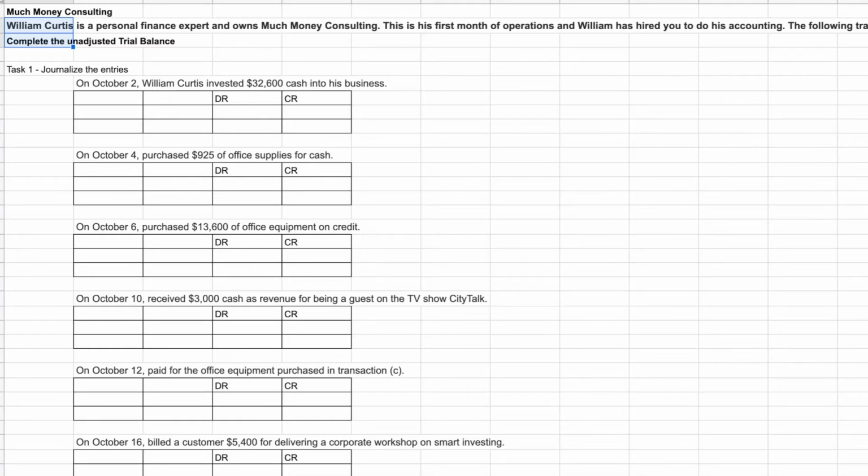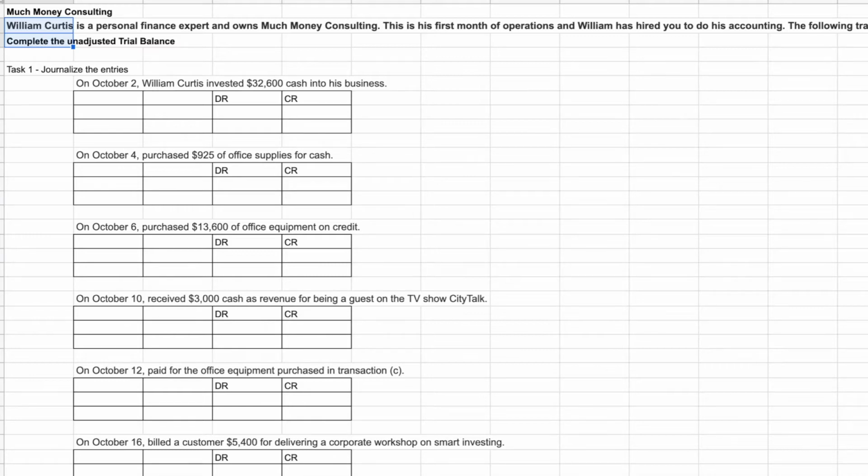Now, if you go back to the first chapter, we'll see that for debiting and crediting, we have to understand when accounts are adjusted, are they debit or credit? First, we need to determine the accounts that are affected here. William Curtis's investment is by definition a capital account.